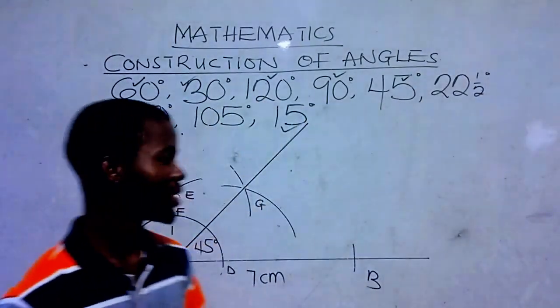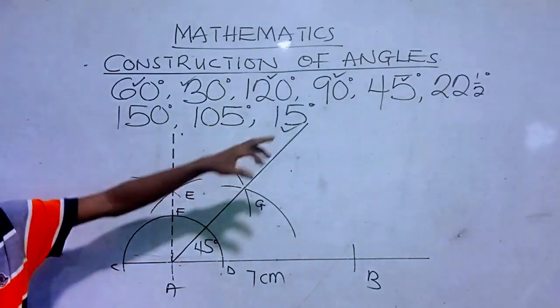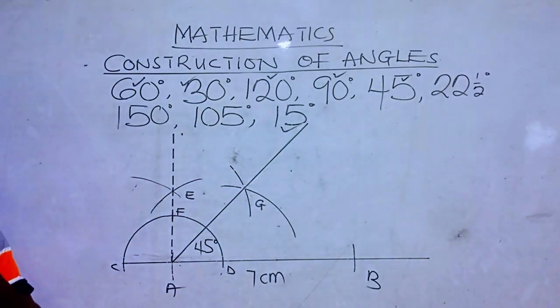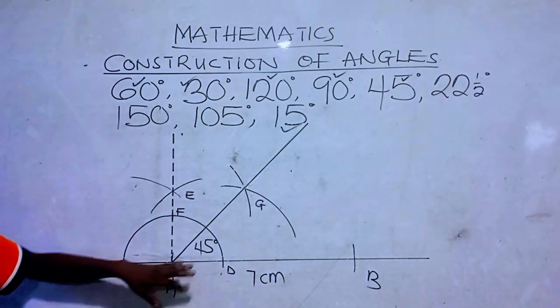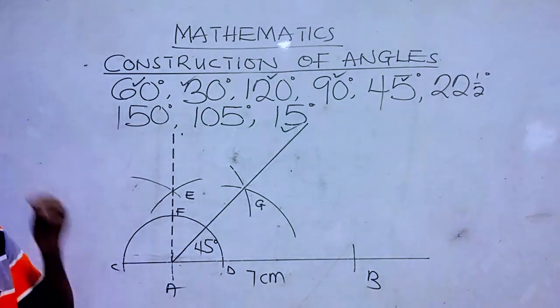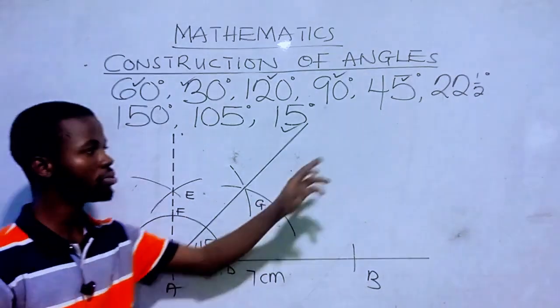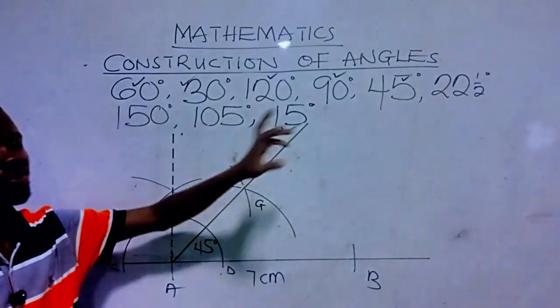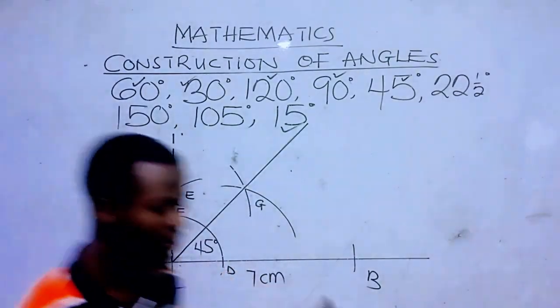Now let's say you're asked to construct the 22.5 degrees, which means that you simply have to bisect the 45 degrees. When you divide 45 degrees into 2, you will get 22.5. So how do you bisect?